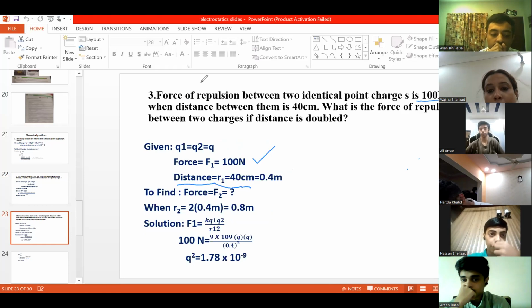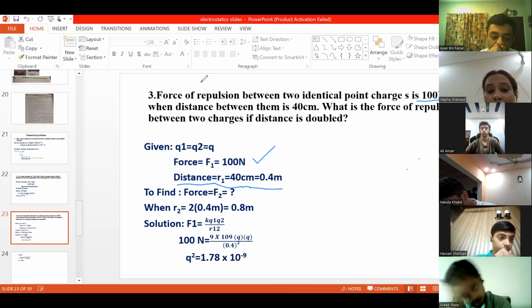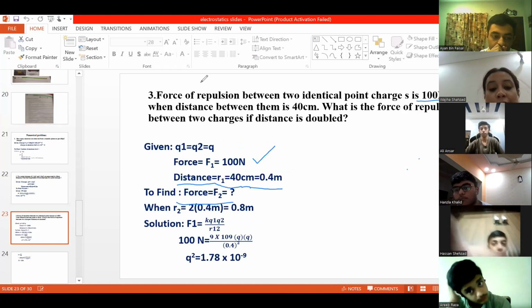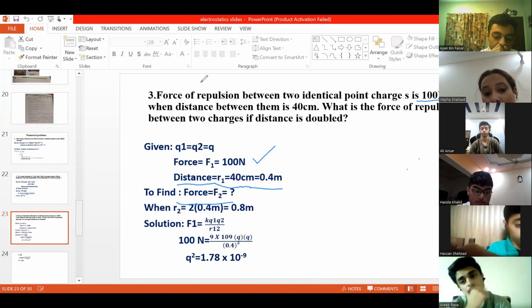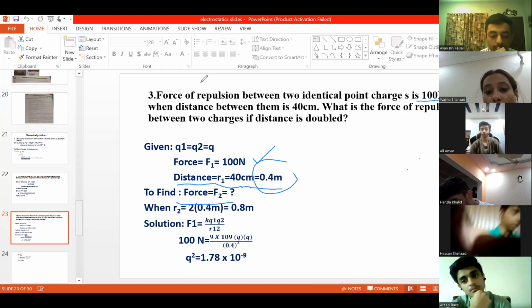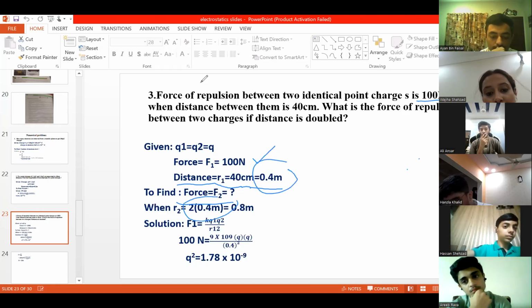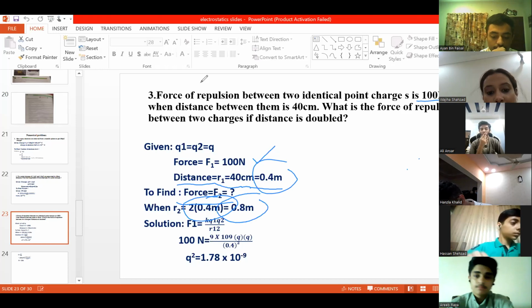Divide 40 centimeter by 100, we will get 0.4 meter. What is the force of repulsion between two charges if the distance is doubled? Now we have to find out the force when the distance is doubled. So if the distance is doubled, it will be R2. We will multiply 0.4 by 2 to double the distance and we will get 0.8 meter.